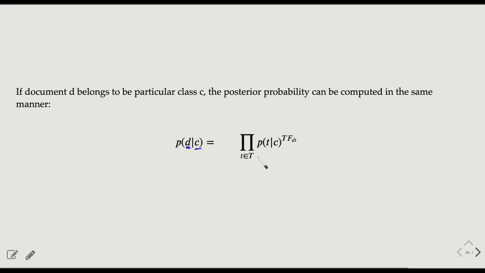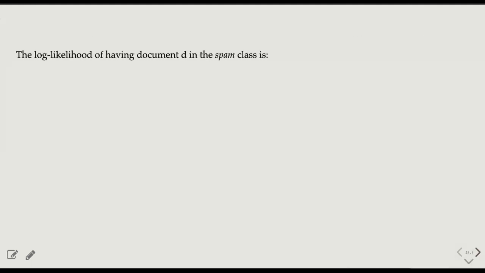Again, it's going to be a product of the individual term probabilities to the order of TF. Okay, so it follows exactly the same idea here. And so we can put all the probability together by multiplying them in the final estimation.